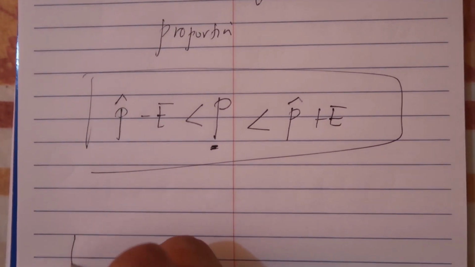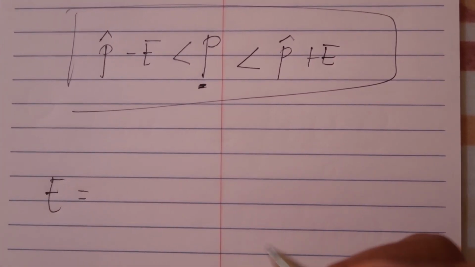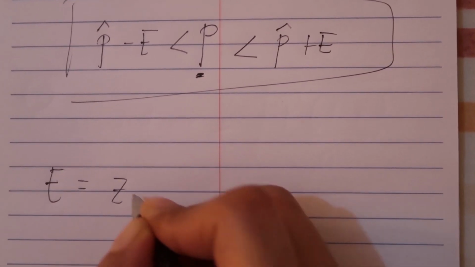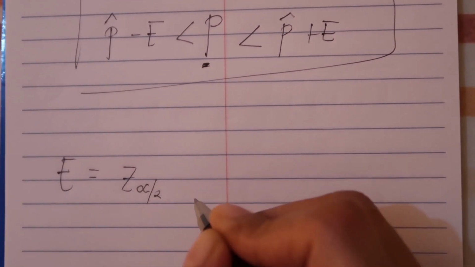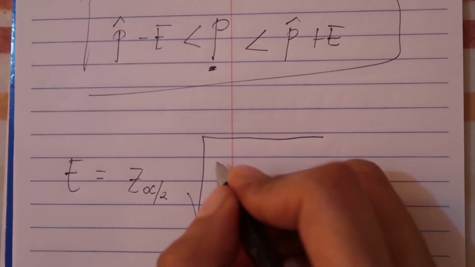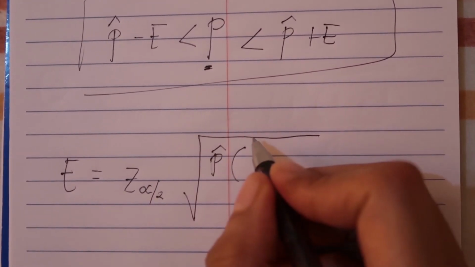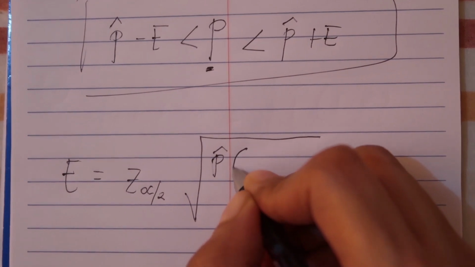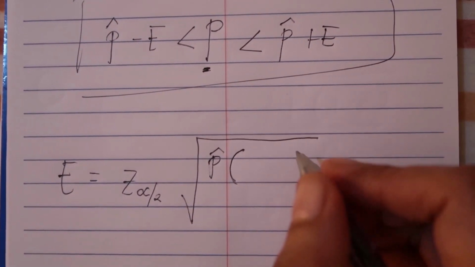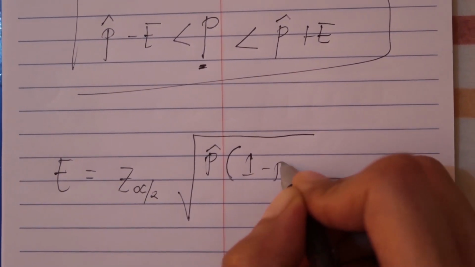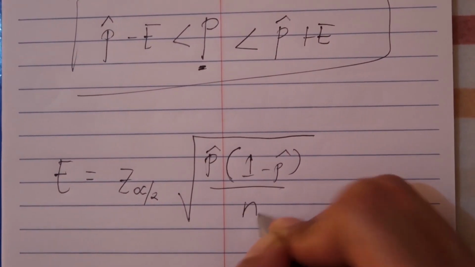And then for the margin of error, that will be z alpha over 2 multiplied by the square root of p hat multiplied by 1 minus p hat over n.